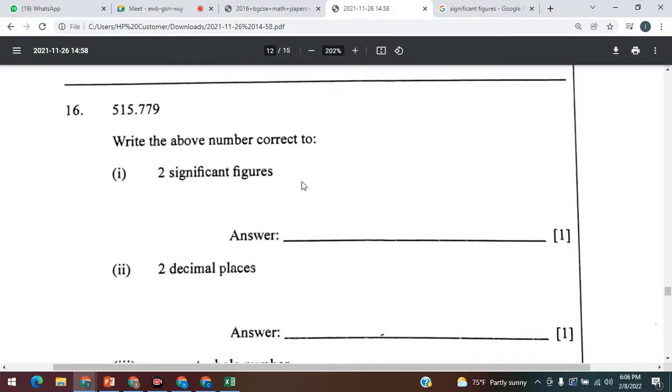They're asking us to write it correct to two significant figures, but what do we mean by significant figures? How do we know when a number is significant? That's a question. Numbers that don't include zero.